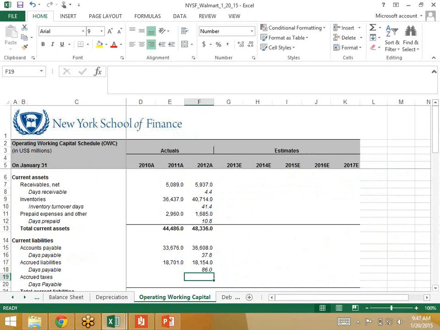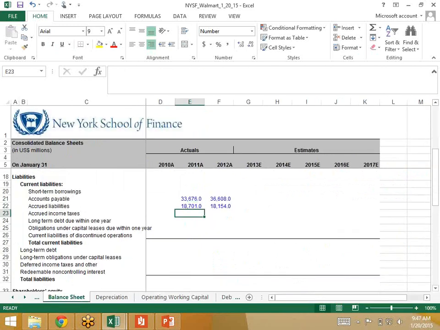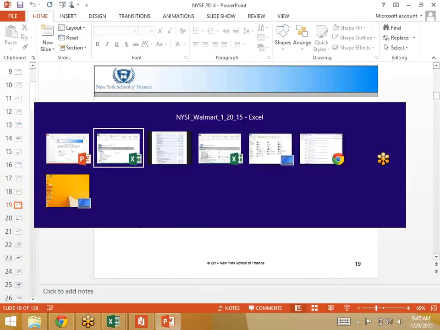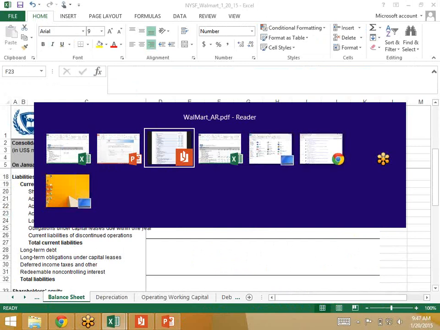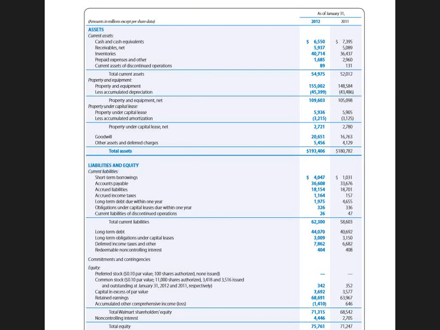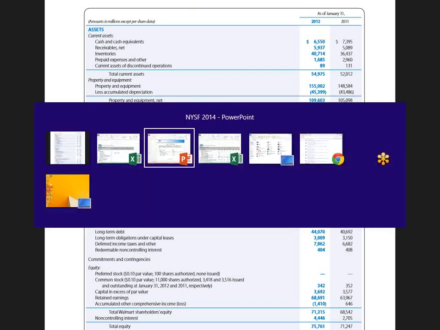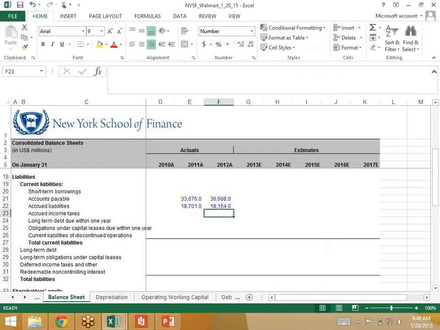Accrued taxes. Same idea here. The accrued taxes are 1164 and 157.